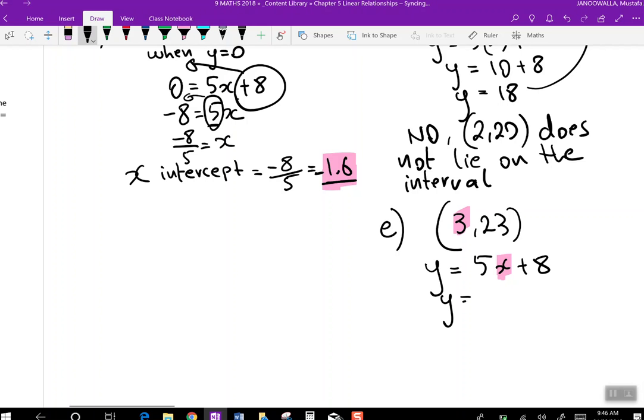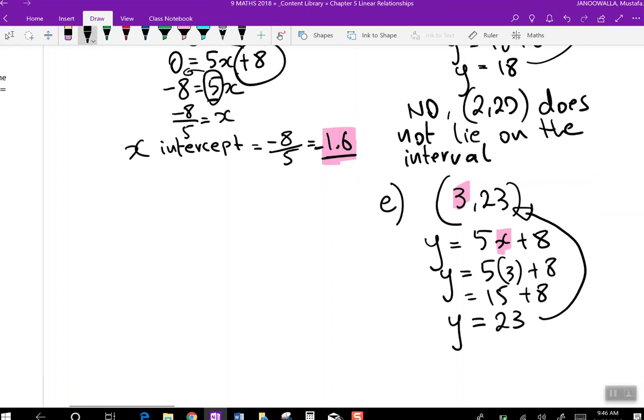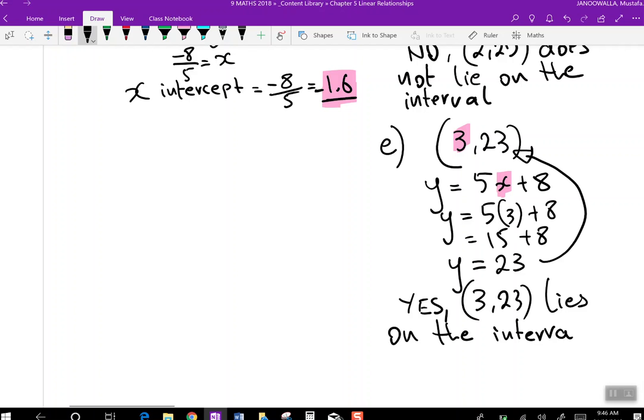So y equals 5 times 3 plus 8. 5 times 3 is 15 plus 8. y therefore becomes 23. Is that correct? Does it match my y there? Yes, it does. Therefore, yes. You say yes, (3, 23) lies on the interval.